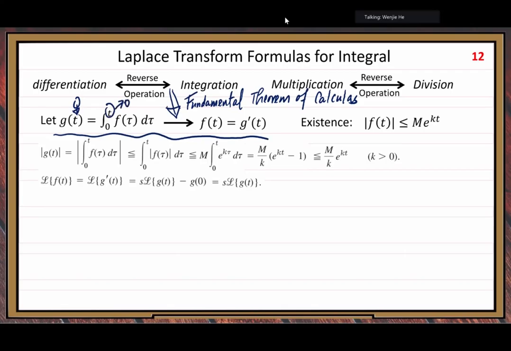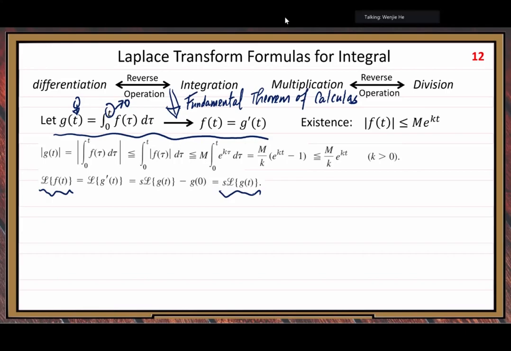It's 0, right? So it's gone. Here you have a simplified version. After this step, you can see Laplace transform of f equals s times Laplace transform of g function.